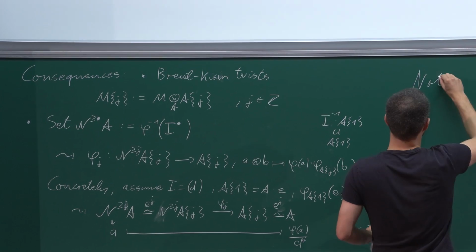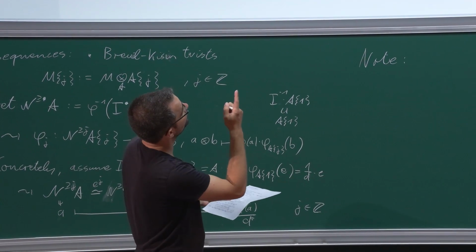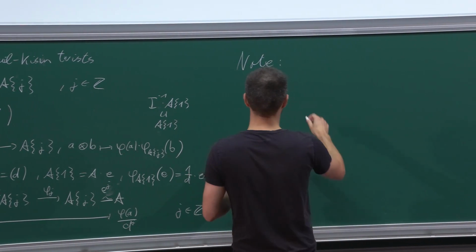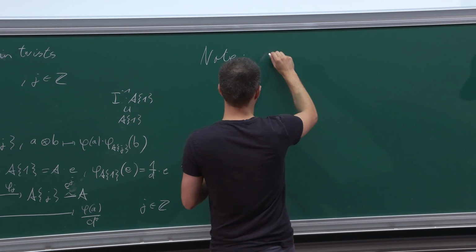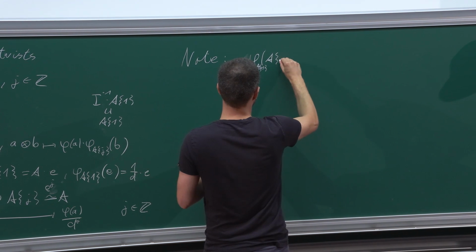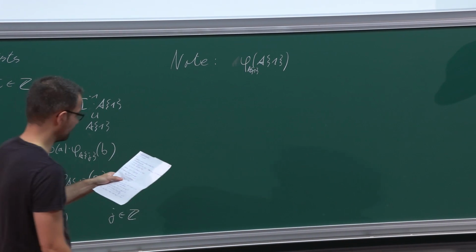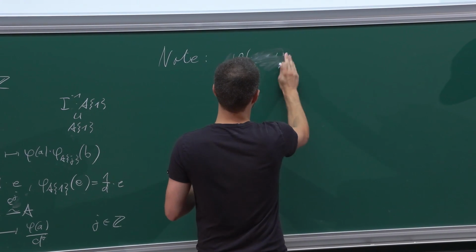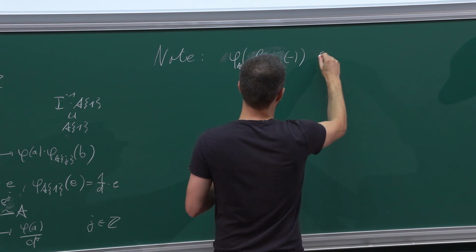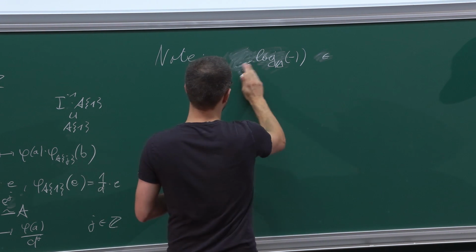And so, actually, this is something I wanted to note, that the first property of a prismatic logarithm implies that if one looks at the image of phi of a prismatic logarithm, I want to say the following.